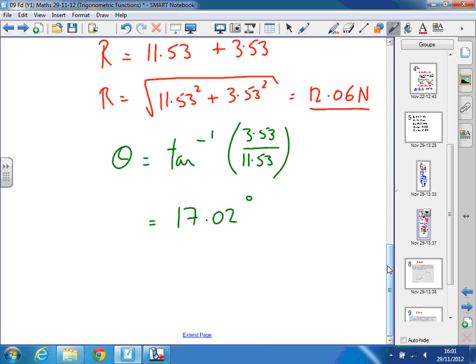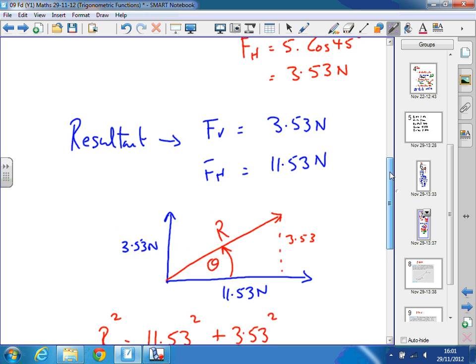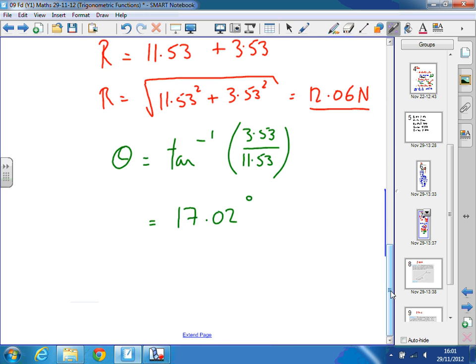So that's a bit of a shortcut. We can use that button to find the resultant of a vertical and horizontal force, because it allows you to convert it to polar coordinates, which is exactly what we're doing here. Handy, okay?